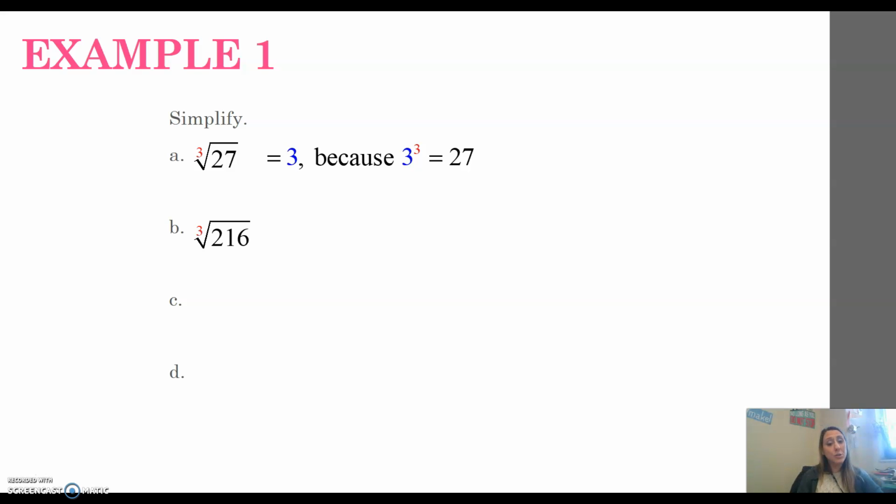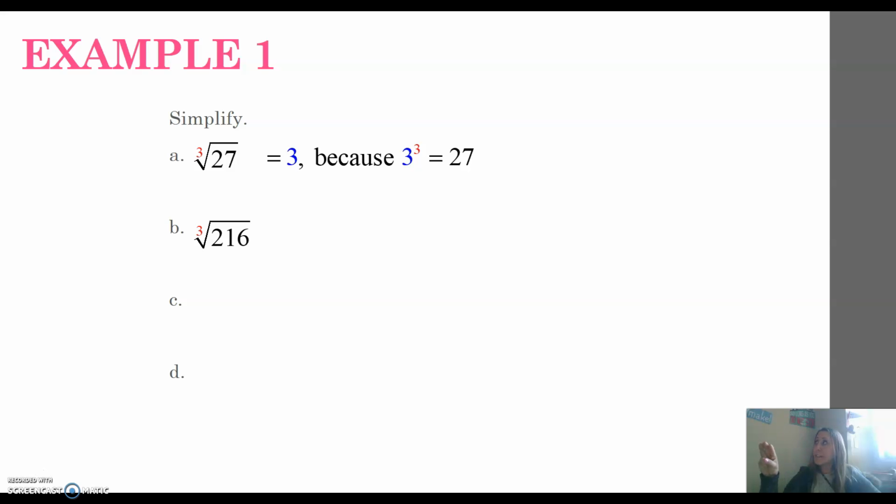So let's try 216. So just thinking logically, we don't need to start back at 2, because we already know that 3 to the third power is smaller than 216, so we can start with 4. So 4 to the first power is 4. I'm holding up one finger so I know what power I'm at. 4 times 4 is 16. 16 times 4 is 64.